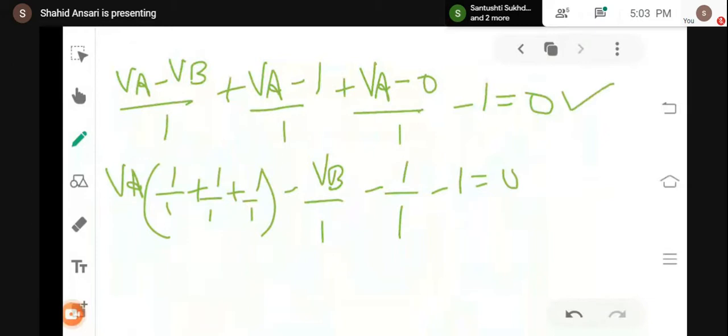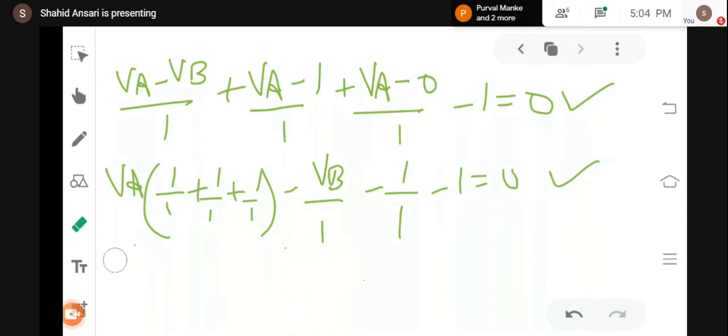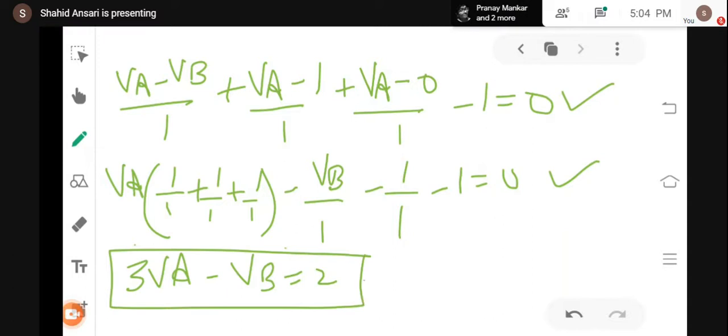So here we have the equation of VA minus VB, or simply replace it by actual calculation. This will be 3VA minus VB equals 2. If you solve it, you will get this answer.